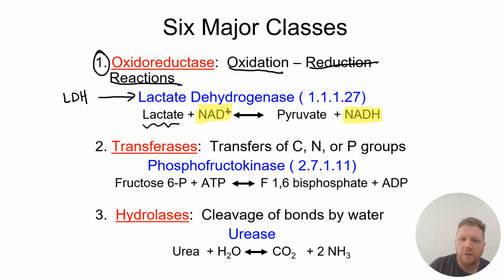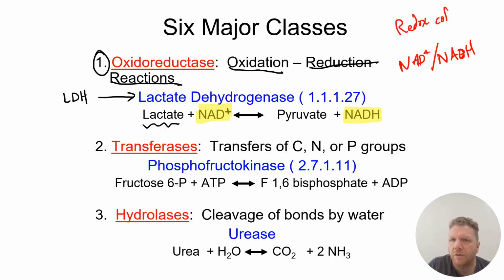Typically what you're going to see in an oxidoreductase is NAD plus/NADH. I'm going to label these as redox cofactors. You might also see FAD plus and FADH2.